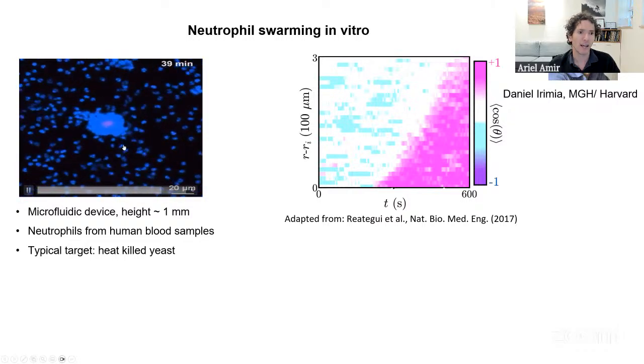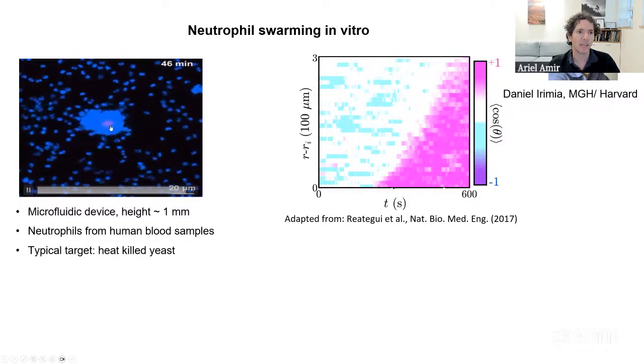And you can analyze this video by taking cells at a given time and a given distance from the target and asking, are the cells moving randomly around or are they moving radially in? So if I take the cosine of the angle with respect to the direction to the center and average that, if it averages to 0, denoted here by white or light blue, it means cells are just moving randomly.